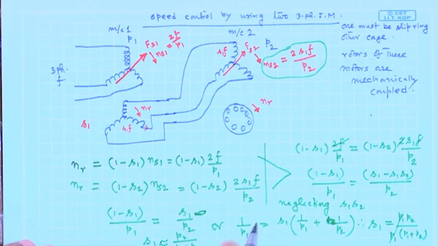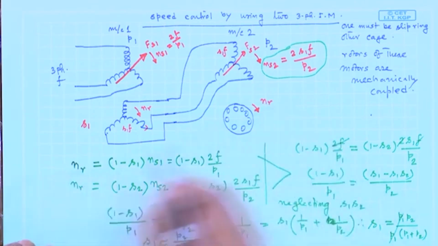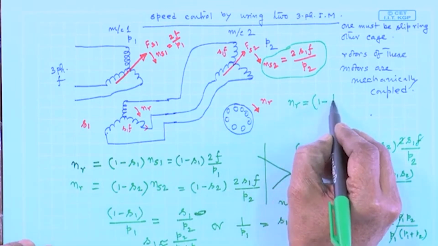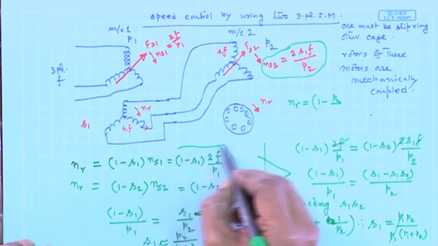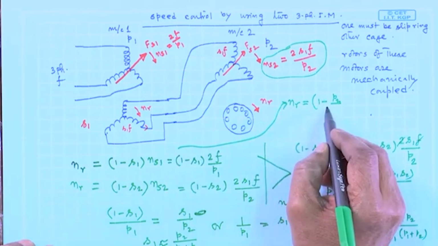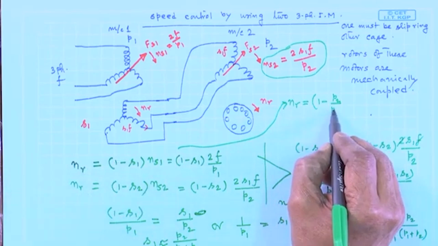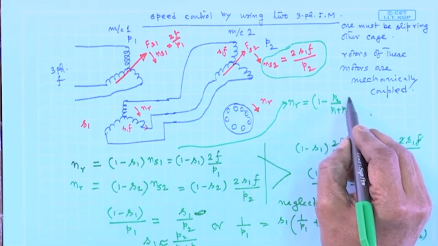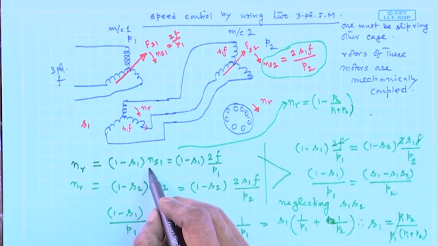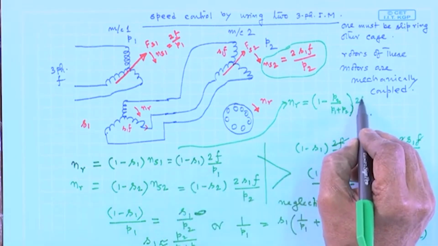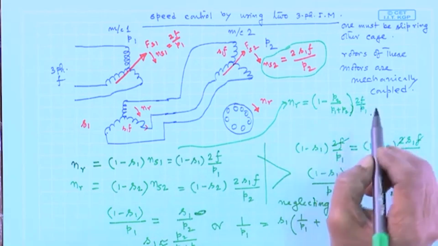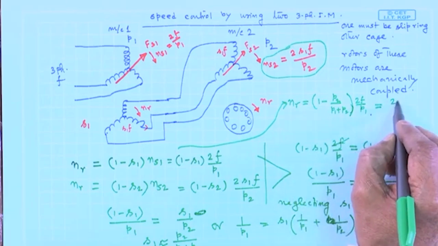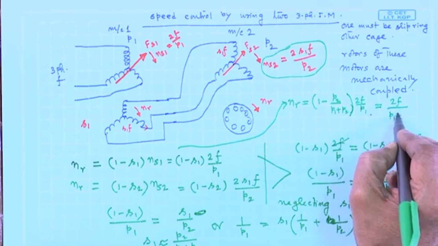And once you get this, then this nr rotor speed will be (1 minus P2 by (P1 plus P2)) into 2f by P1, which is equal to, if you put it here, twice f by (P1 plus P2).